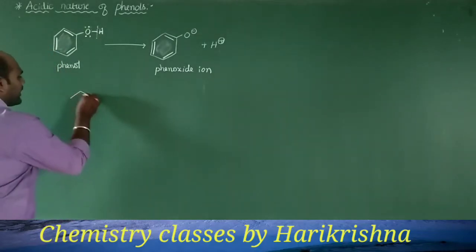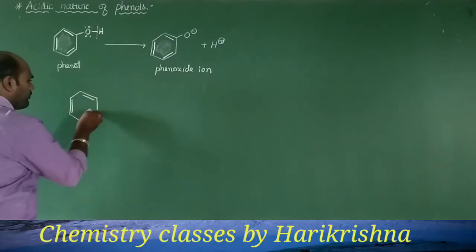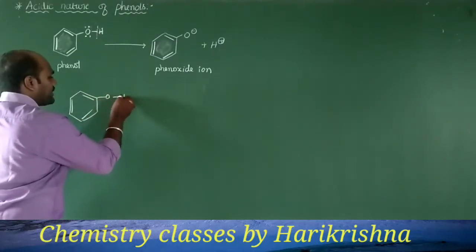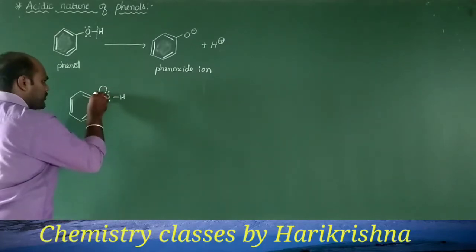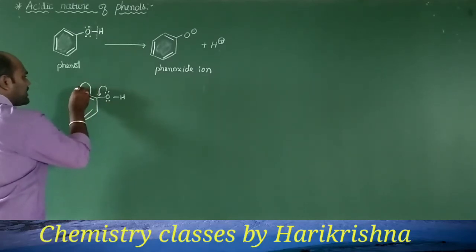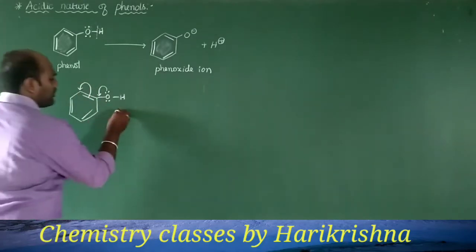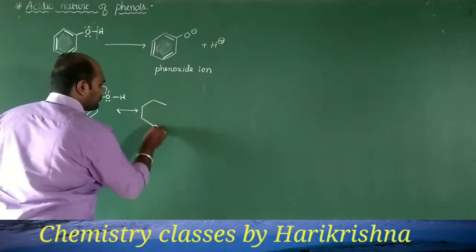So firstly, this phenol OH, this lone pair of electrons will shift over here. So to balance the valency, the pi electron density will shift on to the adjacent carbon atom, creating one canonical form.